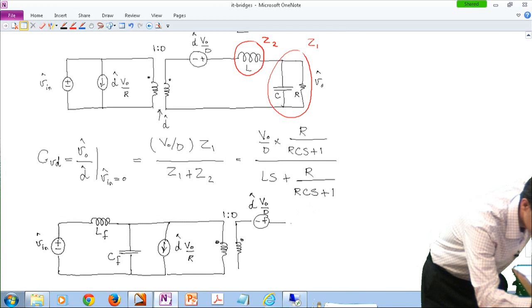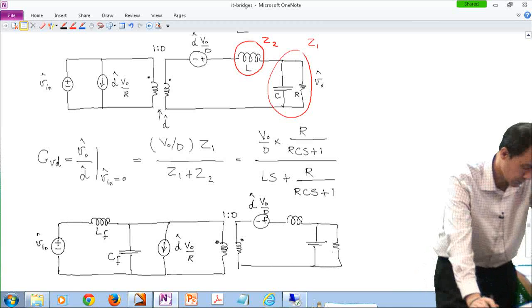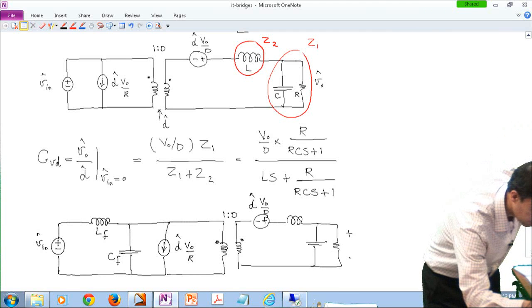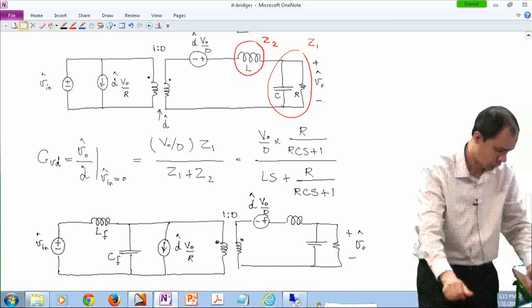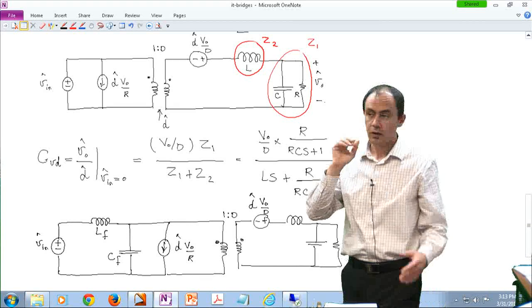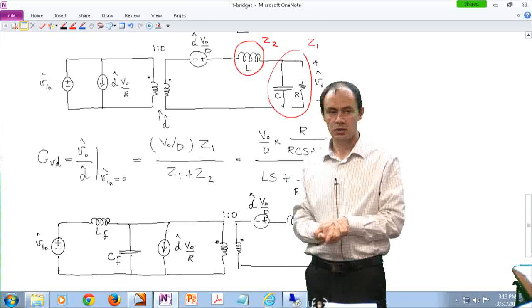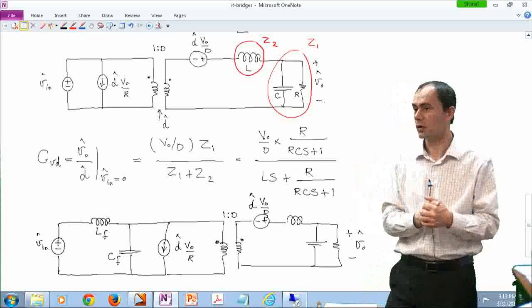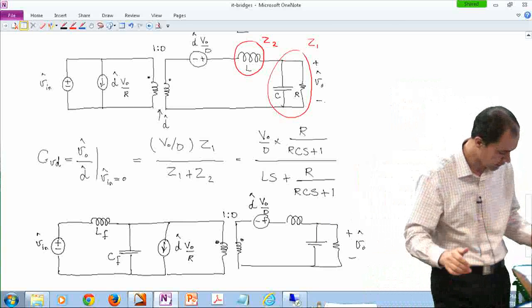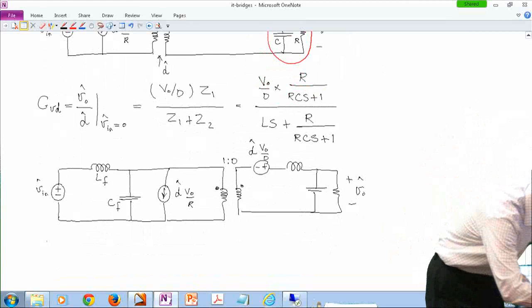Okay, something like this. As it was mentioned earlier, because we have added one extra inductor and one extra capacitor to the system, we're now looking at a fourth order kind of a transfer function. So it's going to simplify it a little bit. And remember, I'm only looking for GVD.